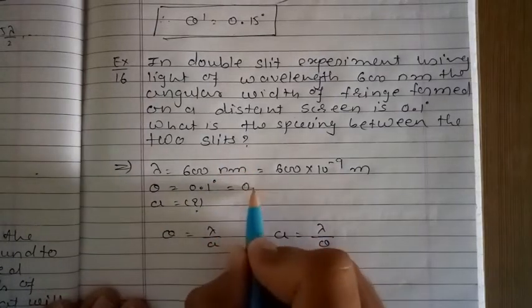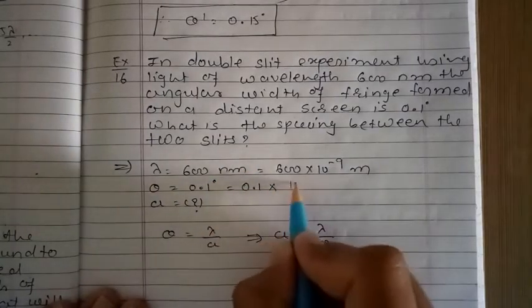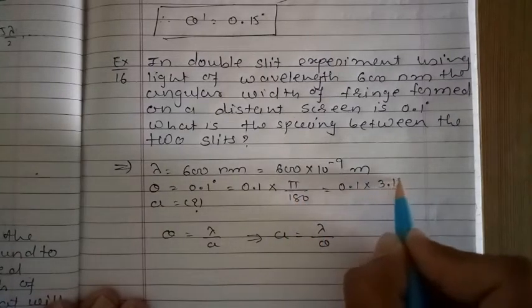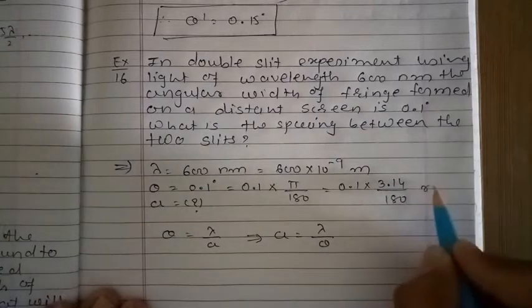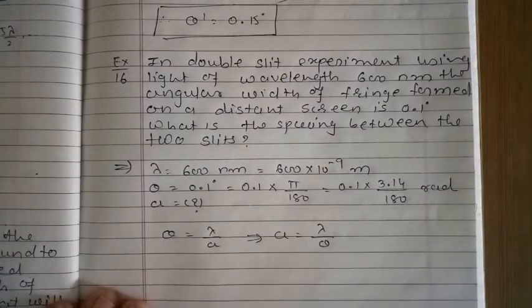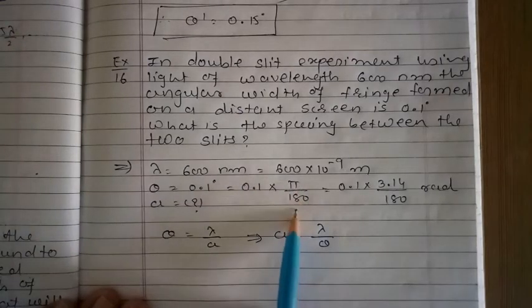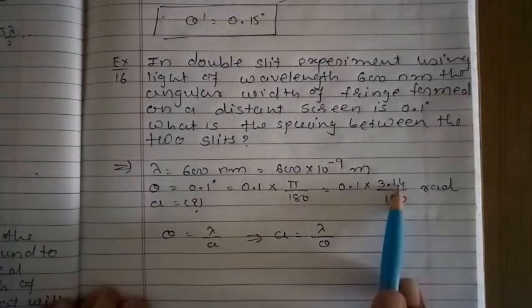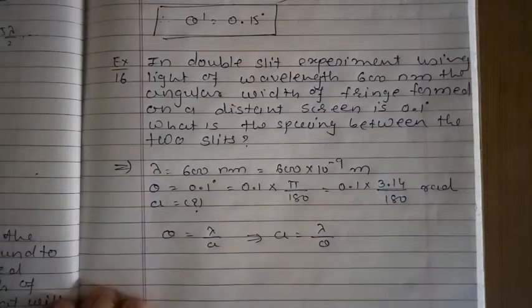So 0.1 degree to radian: 0.1 into pi by 180, value of pi is 3.14. So 0.1 into 3.14 upon 180.